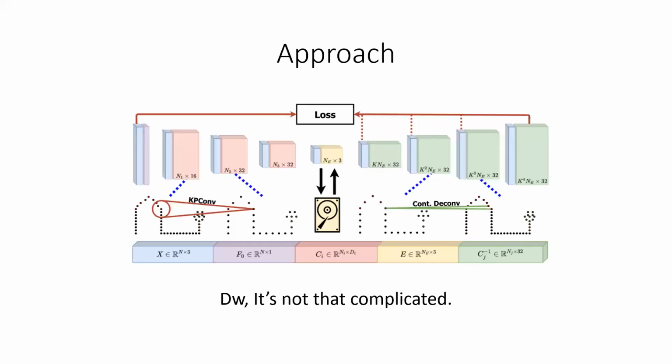And this is their approach. So overall, let's just discuss it broadly so that it's not that complicated. Essentially, you can think of it as an autoencoder structure. Your input is basically your point cloud. And for simplicity's sake, consider that they're not colored.